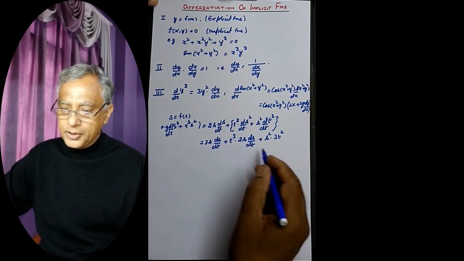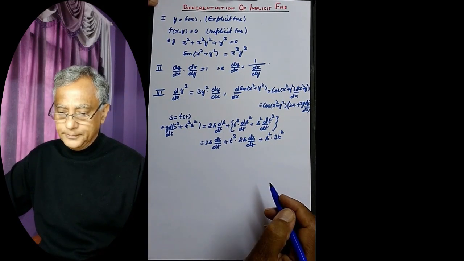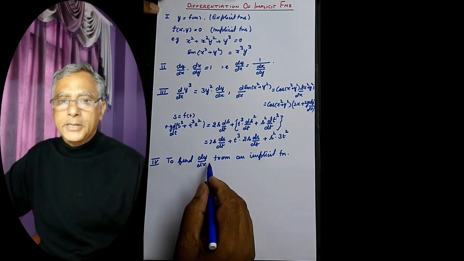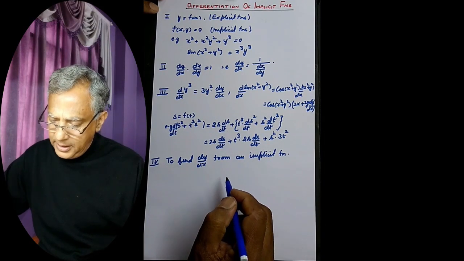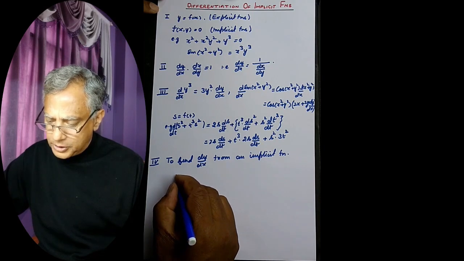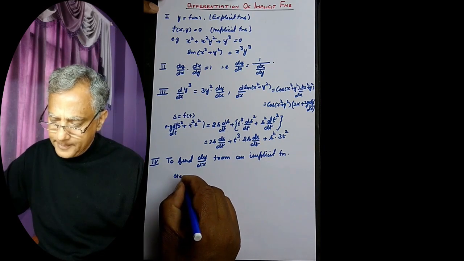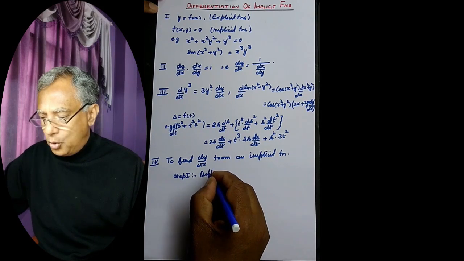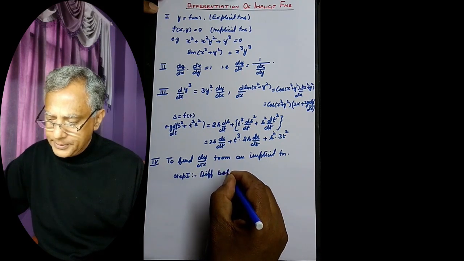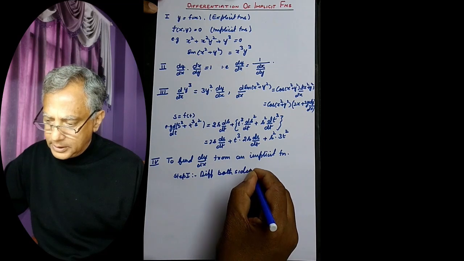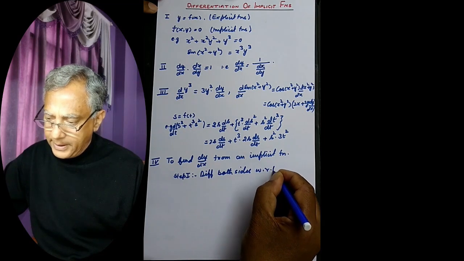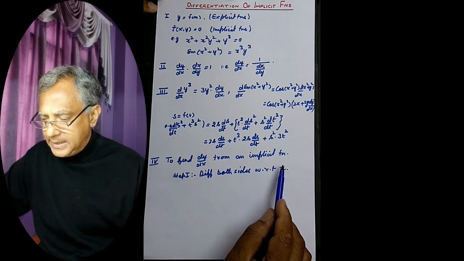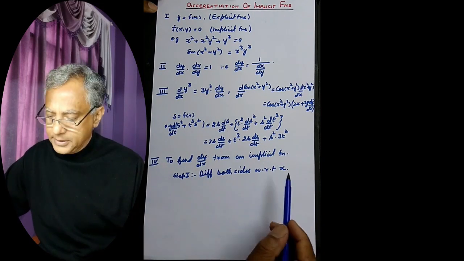So this is the differentiation of this. To find dy by dx from an implicit function, this generally involves two steps. Step 1: differentiate both sides with respect to the independent variable x. If it is t, differentiate with respect to t; if it is x, differentiate with respect to x.